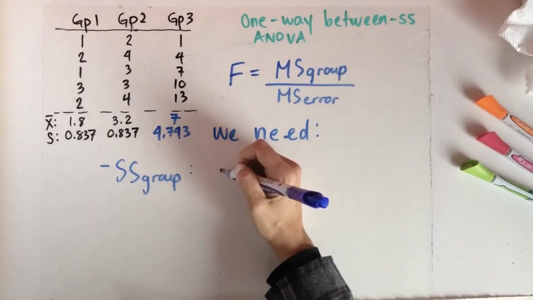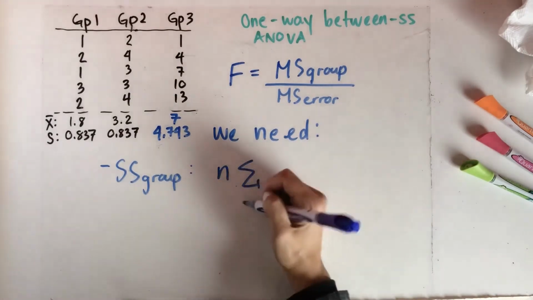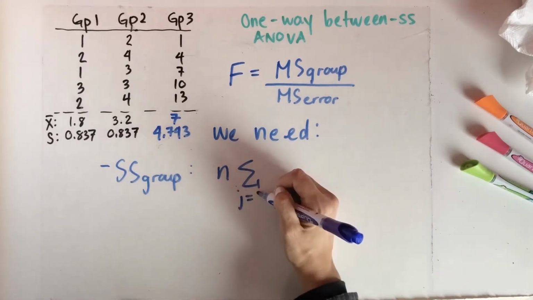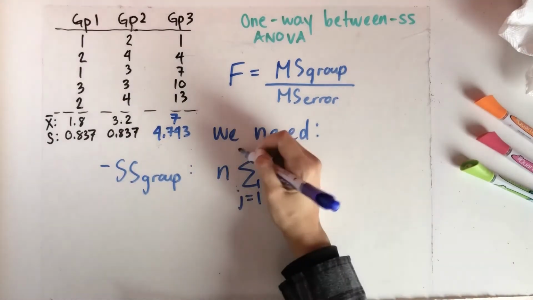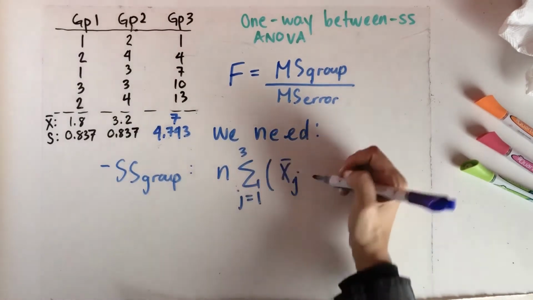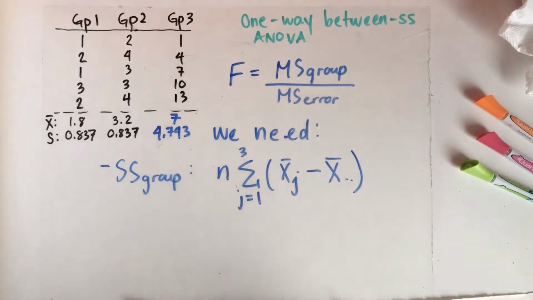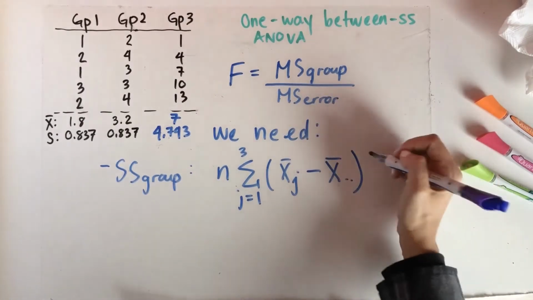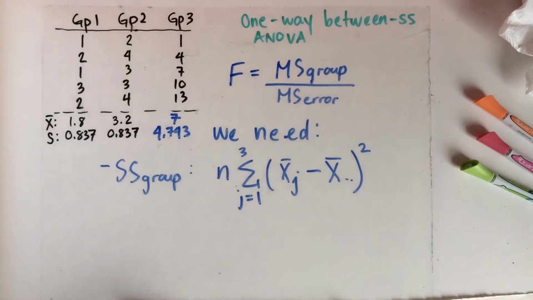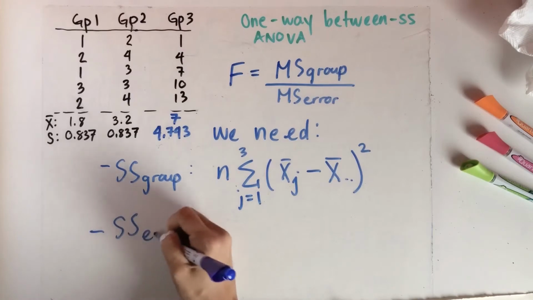That is equal to n times the sum of, for this example, we have 3 groups, so j equals 1 to 3, of xj bar, the mean of each of the groups, each in turn minus the grand mean, and square that. We also need the sum of squares error.